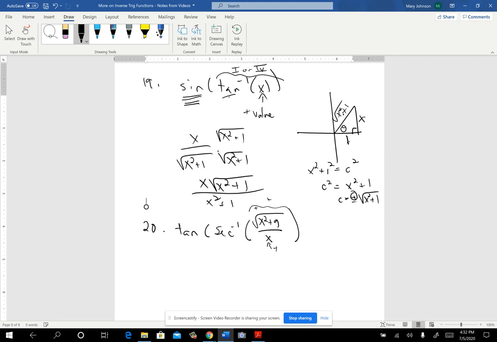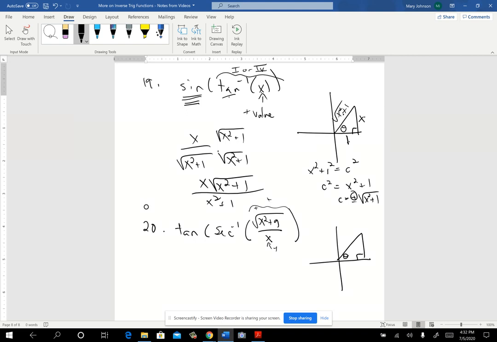So this secant is positive, and secant and cosine are related. So we're looking for something in the first or the second quadrant. So again, it's going to wind up being in the first quadrant. So I'm going to draw my angle in the first quadrant. Here it is. This is my angle.